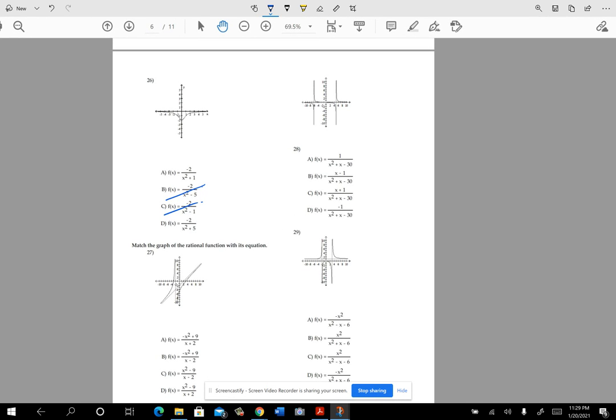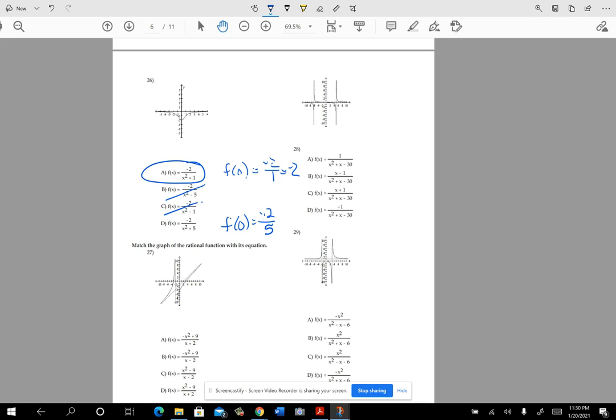The y-intercept might be the next thing to do. Maybe plug in a 0 and see what you get. If you do f of 0, you'll get a -2 over 1 on that one. If you plug in a 0 there, you get a -2 over 5, and that should have a y-intercept of -2. So it's A.